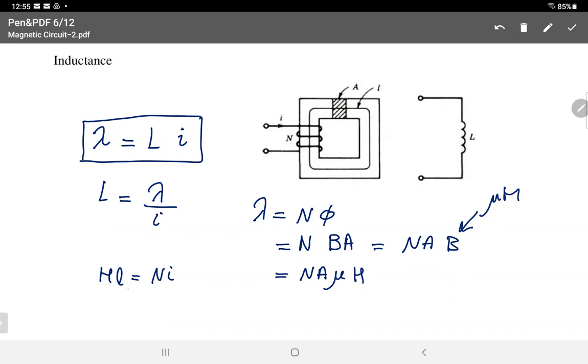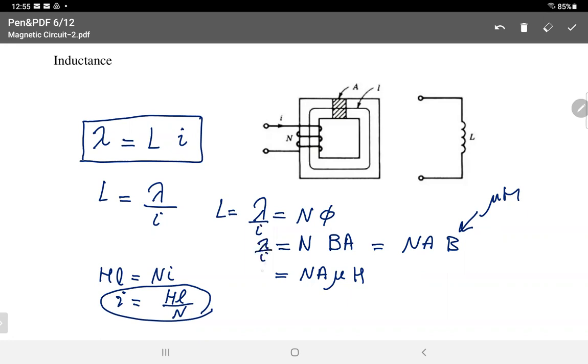So from here, I can write the current I is equal to HL over N. You can get it both ways, but I prefer to get rid of the current here. So that's lambda, which is flux linkage, and to find L, I divide it by current.